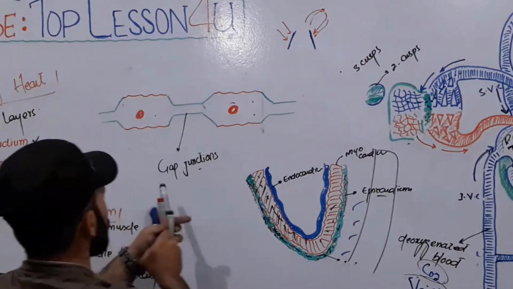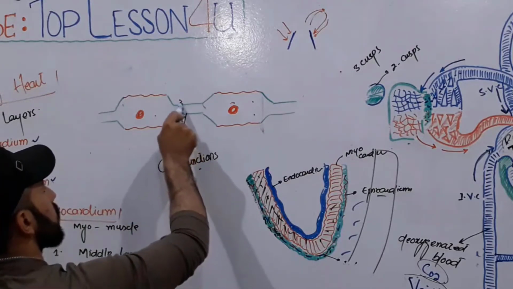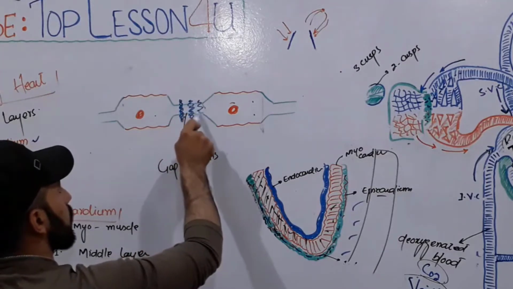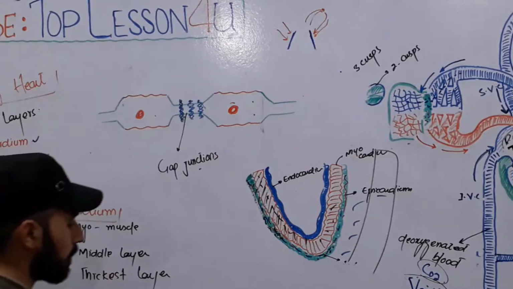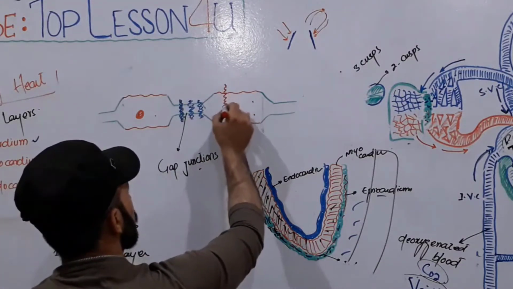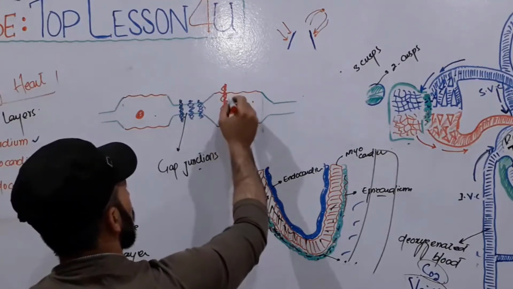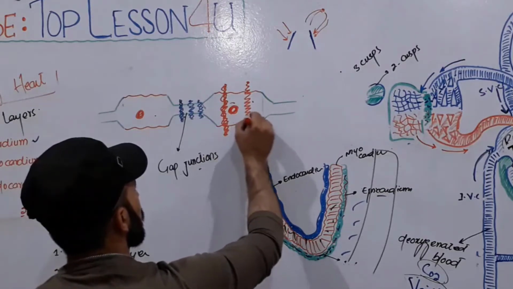Look carefully. These communicating junctions are held together by special proteins. Clear? Next, around these cells special proteins are present, and these proteins are also interconnected with each other.